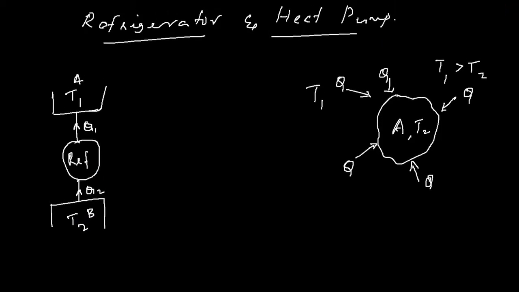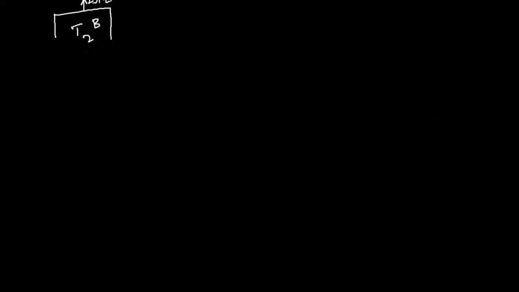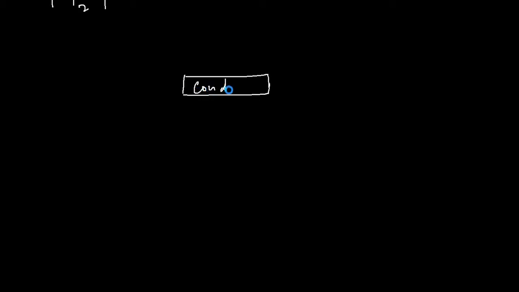Now let's see how a refrigerator cycle works. It's pretty much the same as our heat engine cycle. Let's draw that here. You will have a condenser, and from the condenser the refrigerating fluid passes to the expander, or turbine, and that expands here and produces a work of expansion. Let's call it expander.